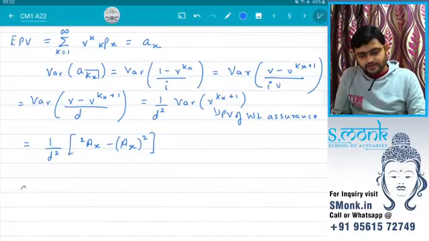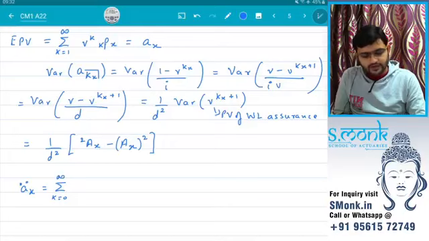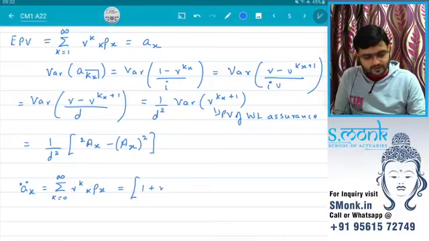So when I talk about a double-dot x, it was summation k going from 0 to infinity v raised to k, kpx. If I just write it down, when k is 0, I'll get 1 plus v px plus v square 2px plus v cube 3px, and this goes on forever.